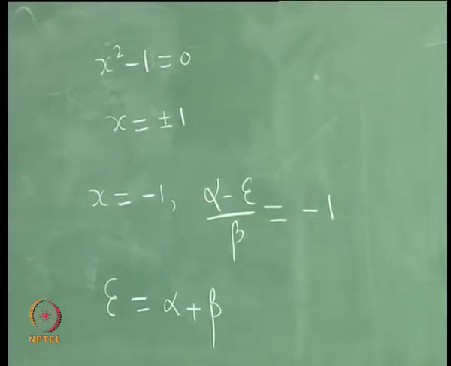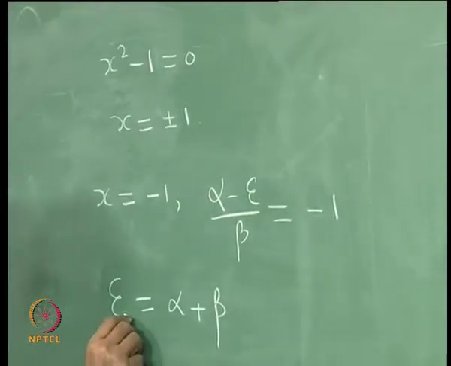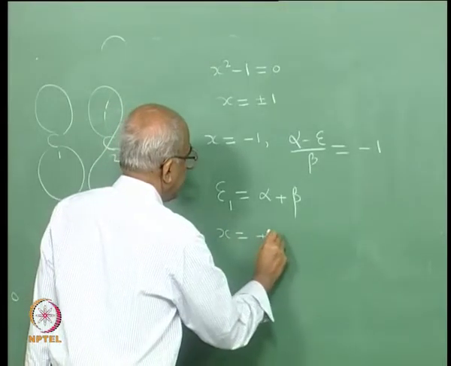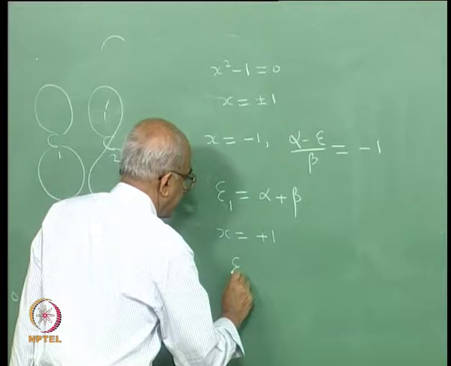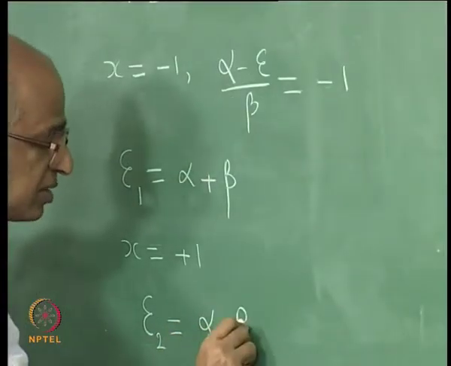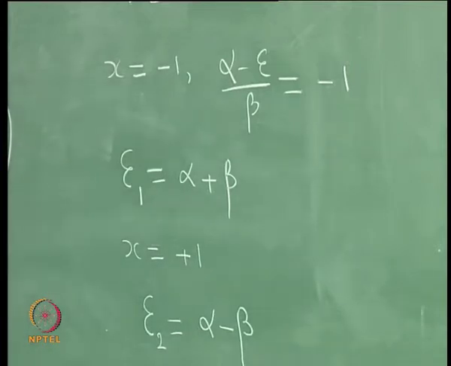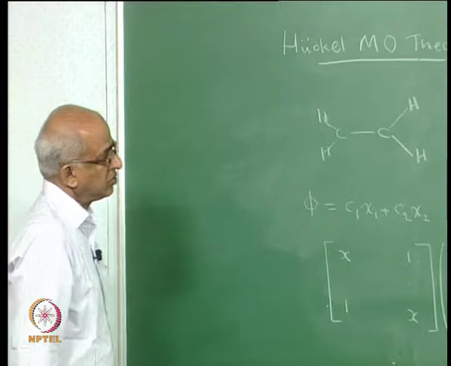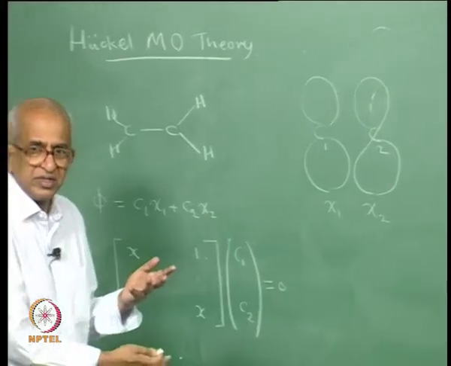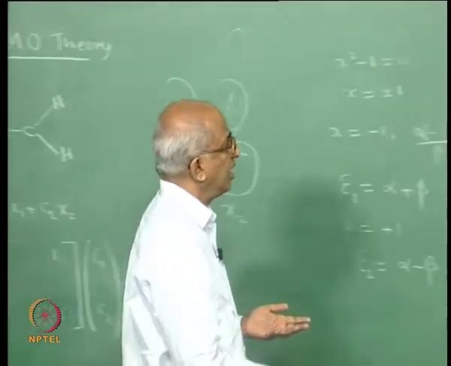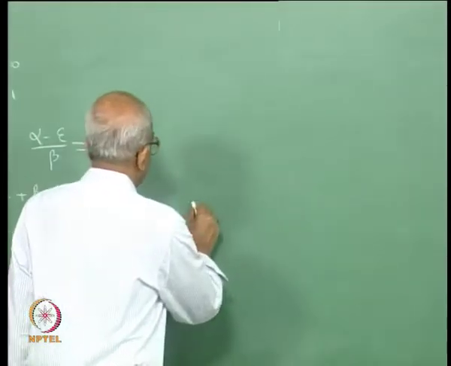I will call this script E1 because I have the other possibility where x is equal to plus 1. In that case, you will get another value for script t, which will be alpha minus beta. So, you have found two allowed energy levels. These are energies of two molecular orbitals. I can represent them in a picture.